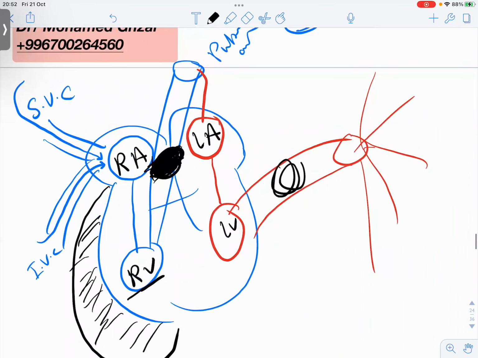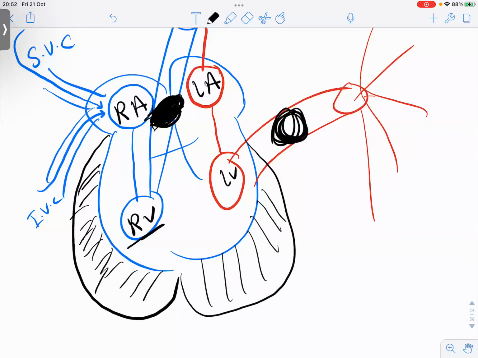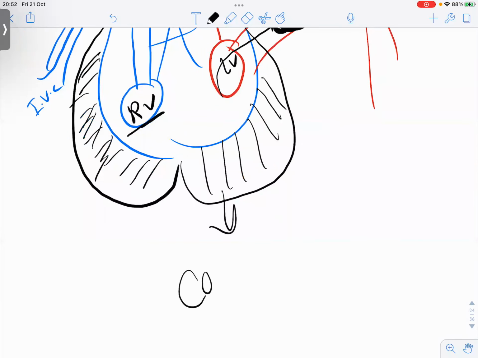If something blocks the aorta, the left ventricle will try to be hypertrophied to be able to pump the blood against this resistance. So it's called cardiac hypertrophy.